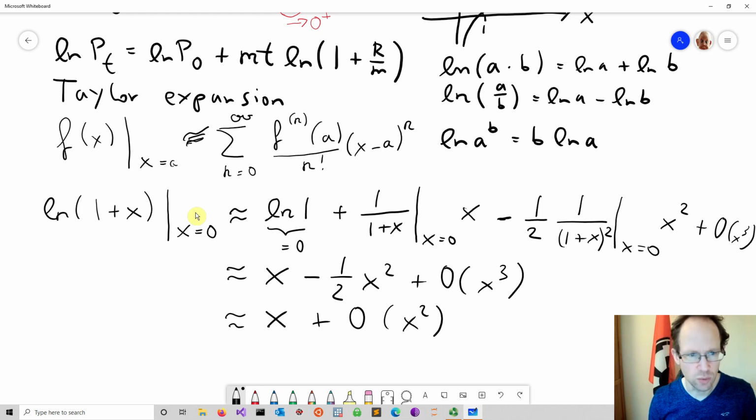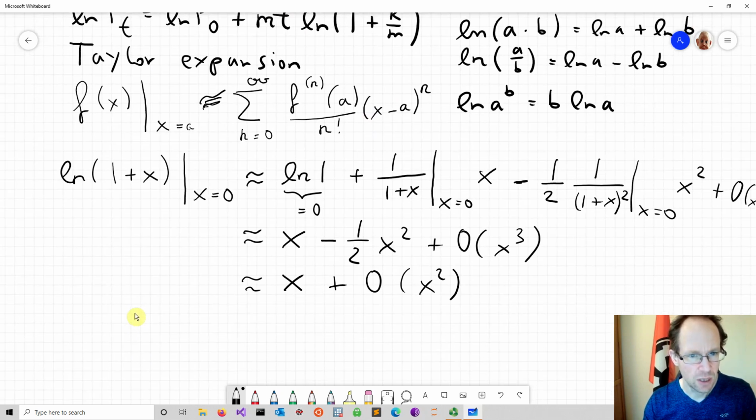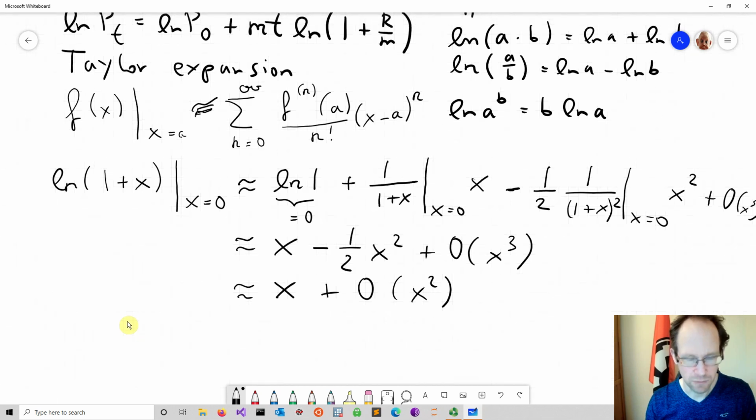So if we do that and go back into our equation and use what we have found, I just write ln pt is equal to ln p0, plus mt, and this term here, the ln of 1 plus r over m, would simplify simply to r divided by m.